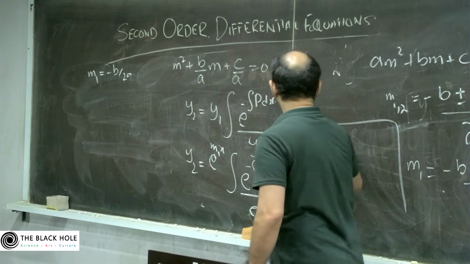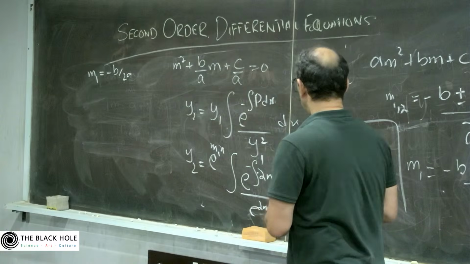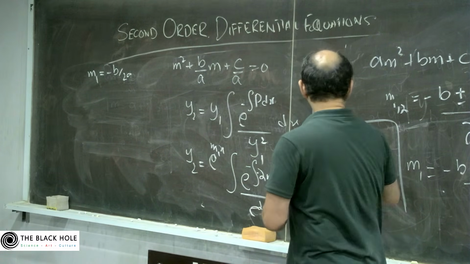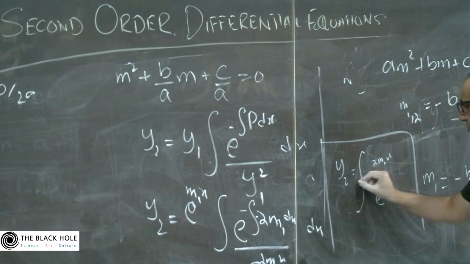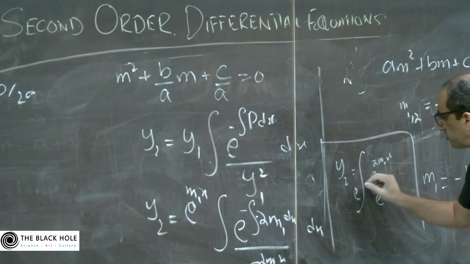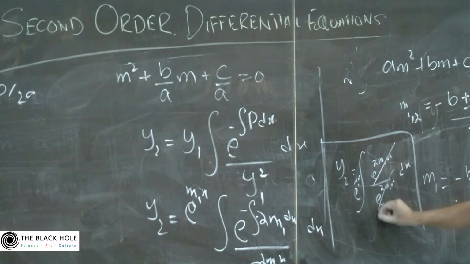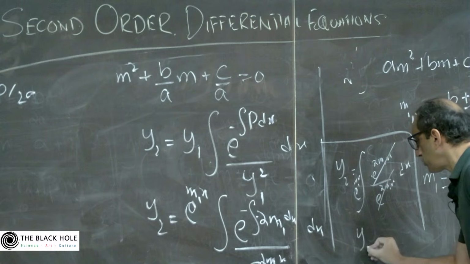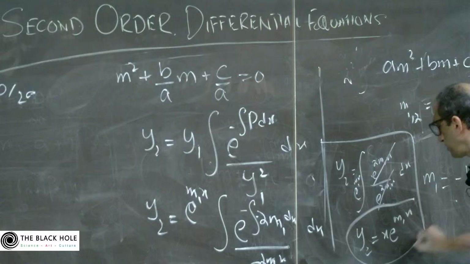Now y2 is equal to integral. So m1 is a constant, will go out. You will have e raised to power 2m1x over, of course, e raised to power m1x over here as well. E raised to power 2m1x dx. This cancels out with this one, and you will have y2 is equal to x e raised to power m1x.